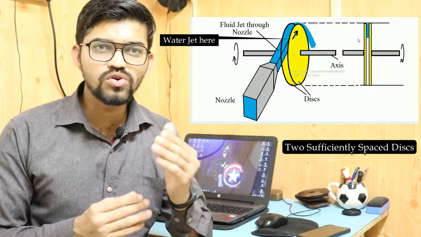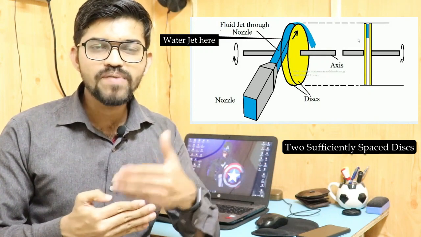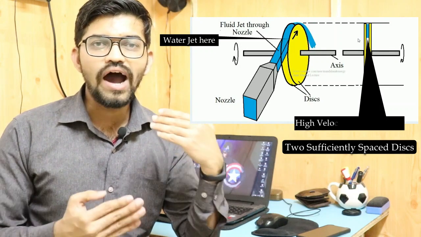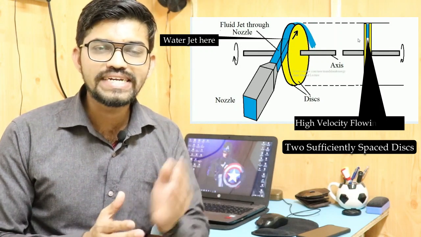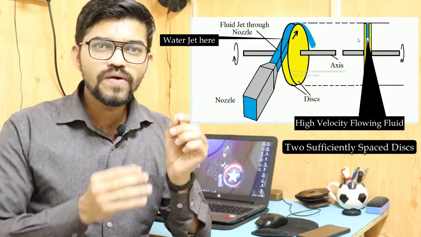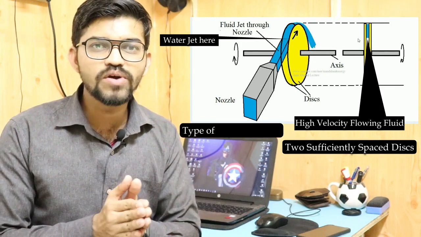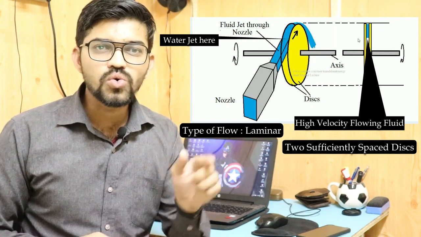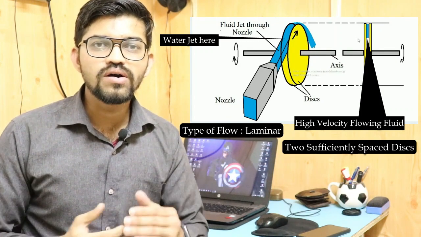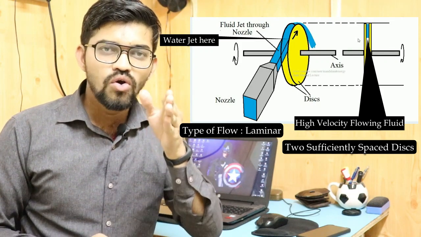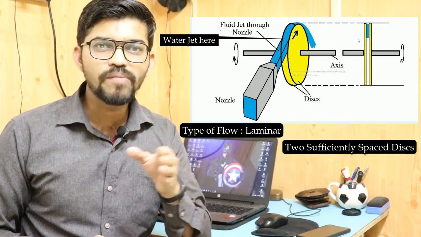These two discs have a gap between them, and in that gap, the water jet, or the high velocity flowing fluid, enters, and this flowing fluid is a laminar fluid. It causes the rotation of the discs in such a way that a tangential force is exerted over a particular distance.